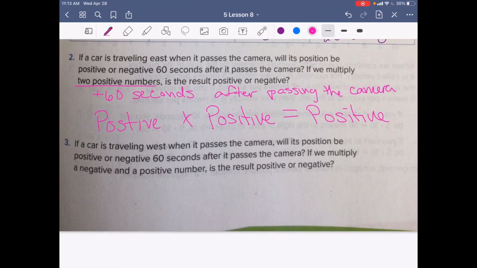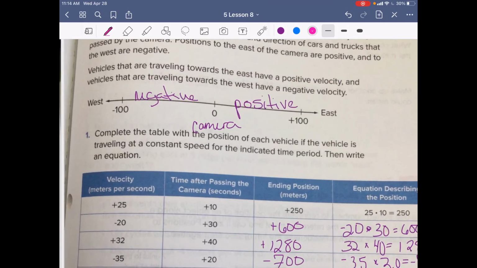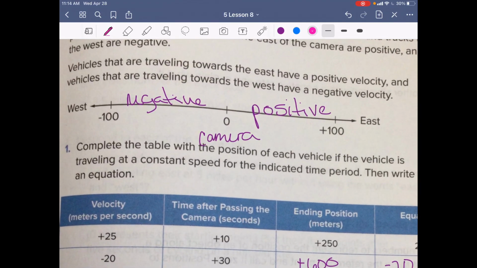All right, question 3. If a car is traveling west when it passes the camera, will its position be positive or negative 60 seconds after it passes the camera? So let's go back up here. We're going towards the west. After it passes the camera, is it going to be positive or negative?